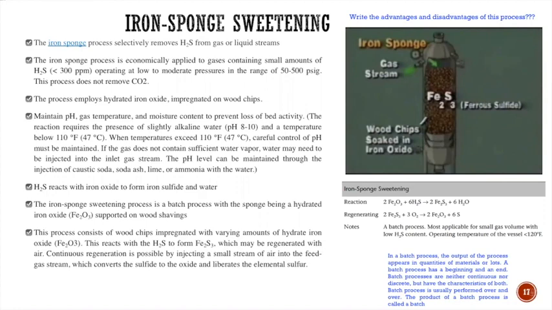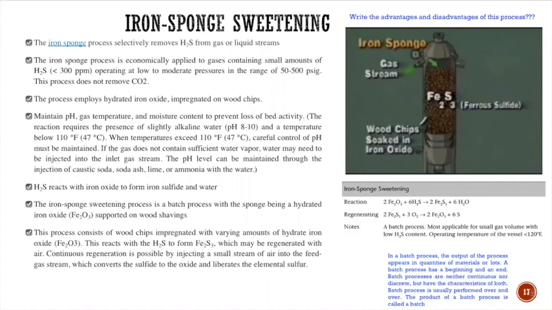So first we'll discuss adsorption, which is called the iron sponge process. This process typically selectively removes the H2S from a gas or liquid stream, right? And this process is designed for a small amount of H2S to be removed.